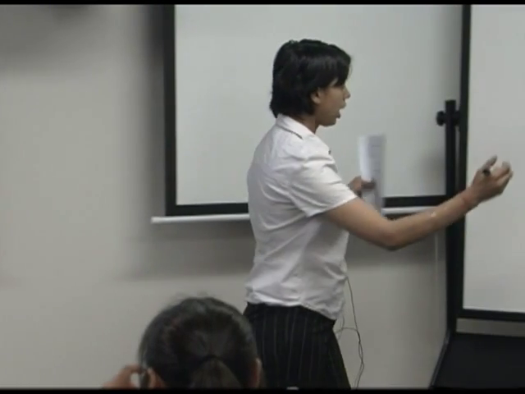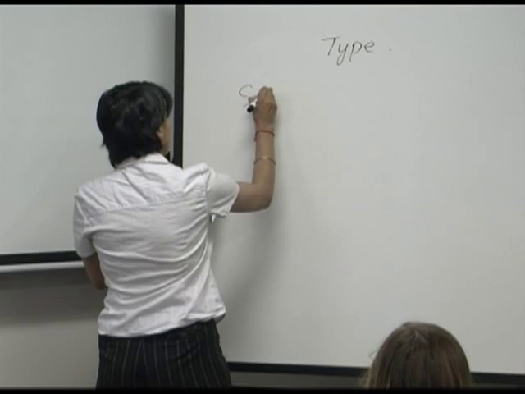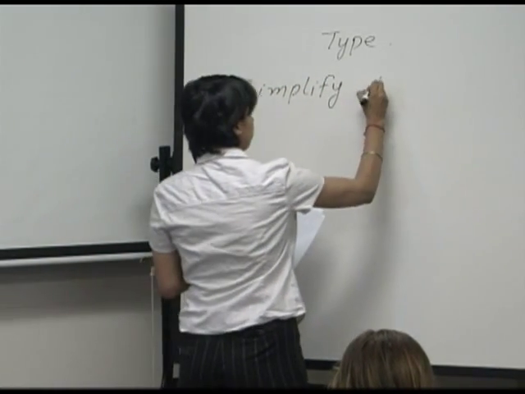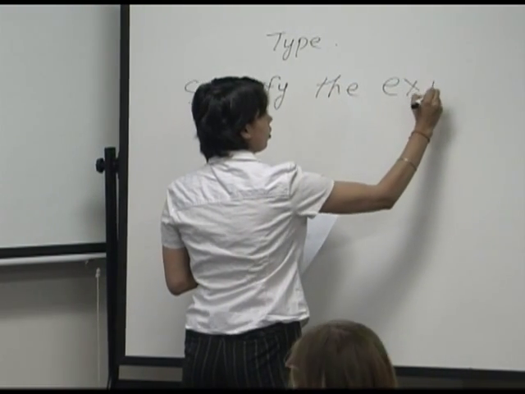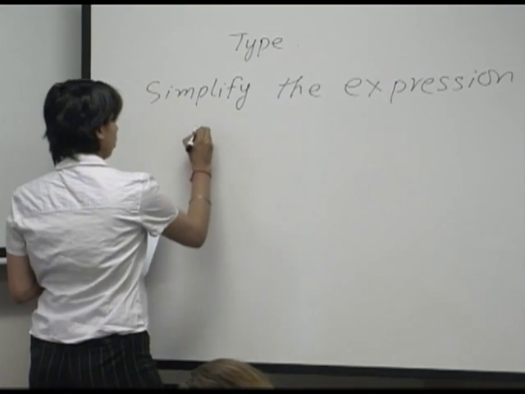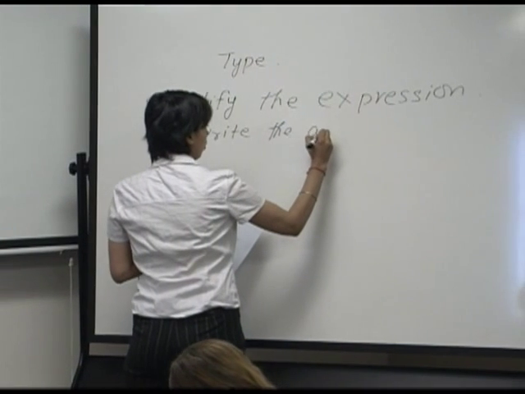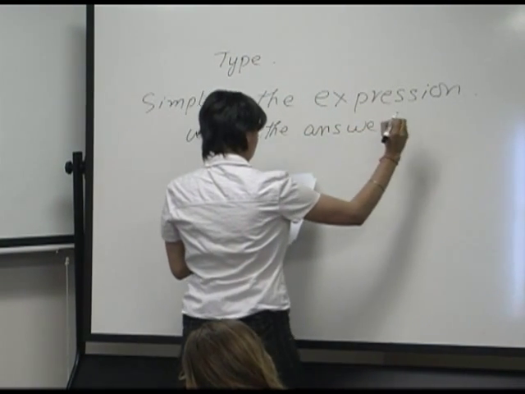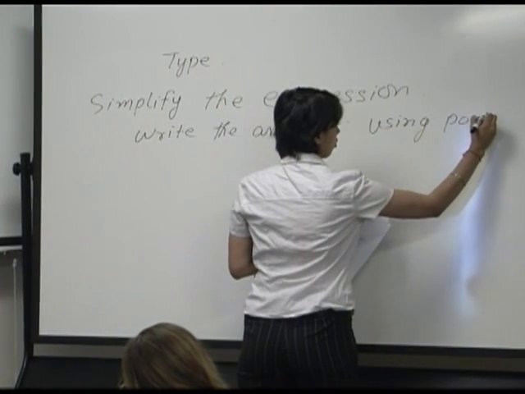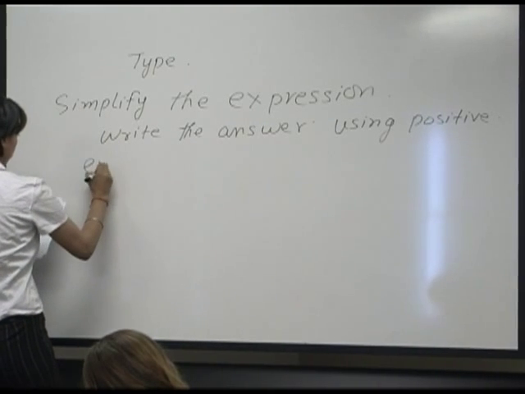All right, so the first type is: simplify the expression and write the answer using positive exponents.